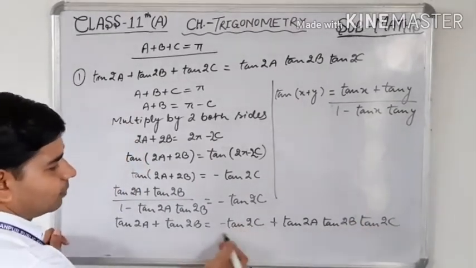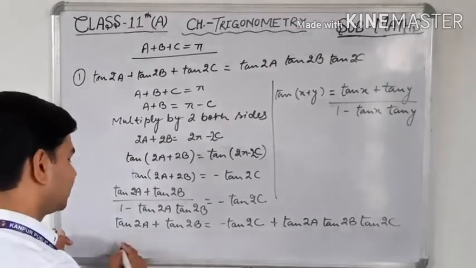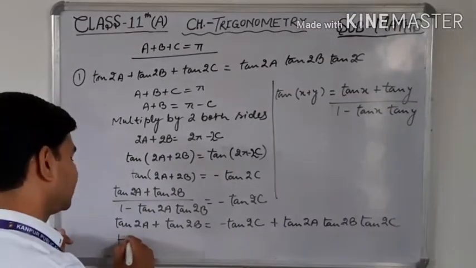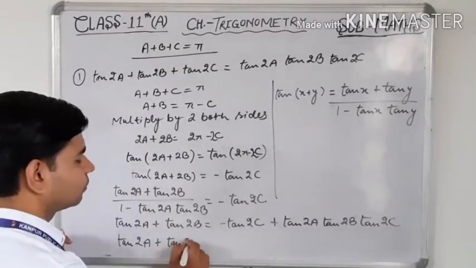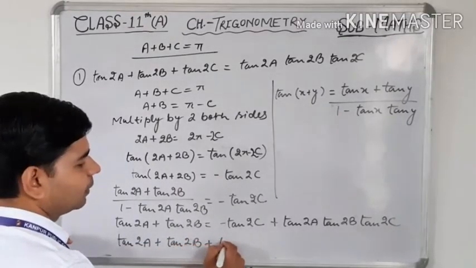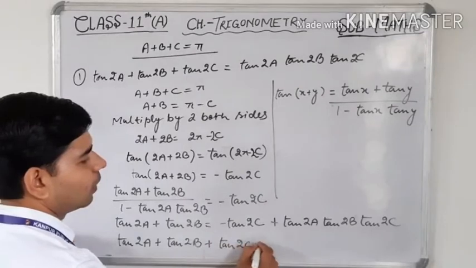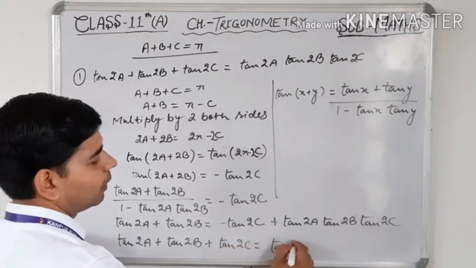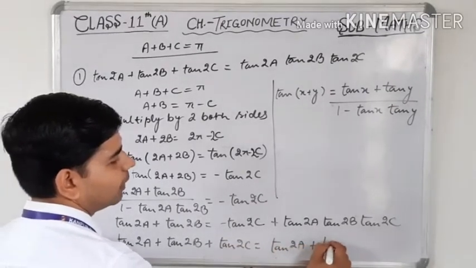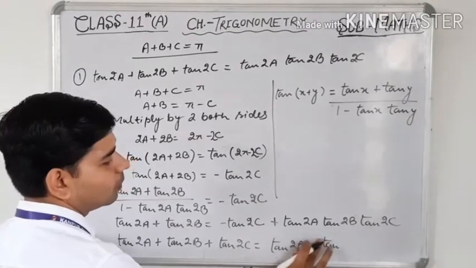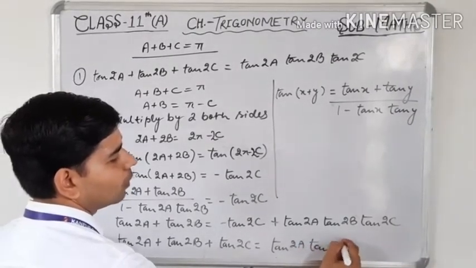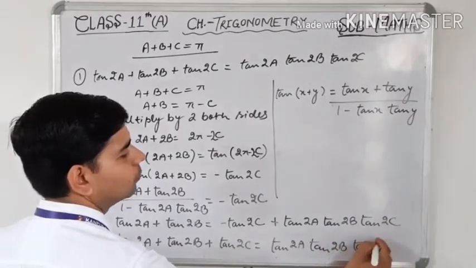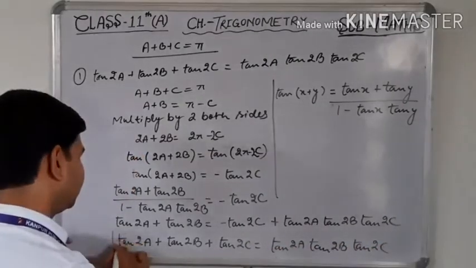Now take minus tan 2c to this side. This will become positive. Tan 2a plus tan 2b plus tan 2c equal tan 2a into tan 2b into tan 2c, which we had to prove.